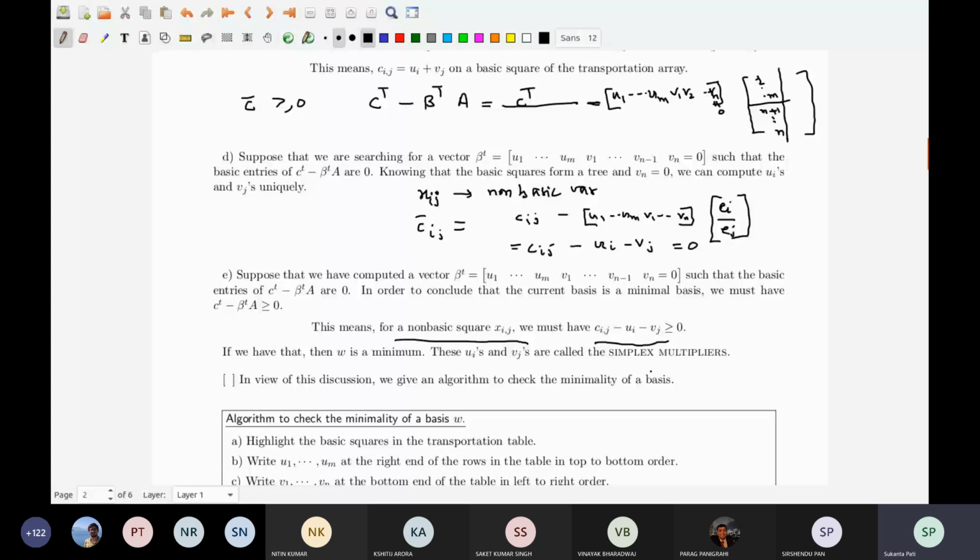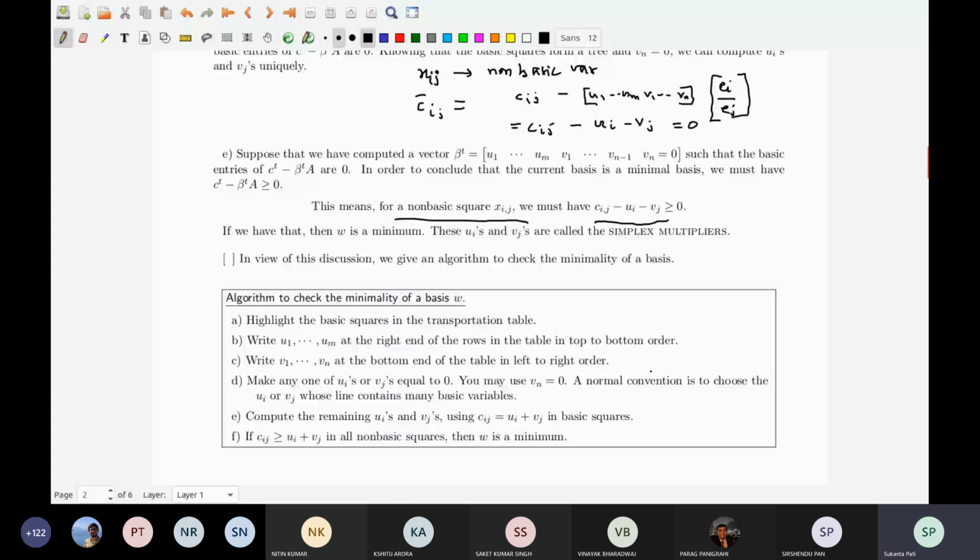If it is greater than equal to 0, I say it is minimal. Okay. So that is how to test the minimality of a basis. So first what you have to do, in the transportation table, highlight the basic squares.